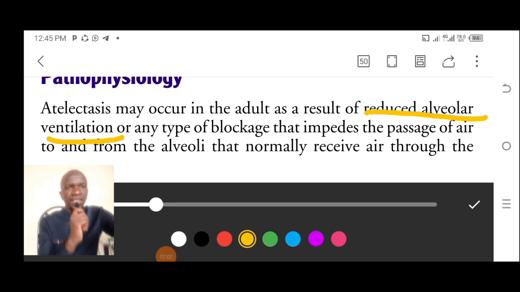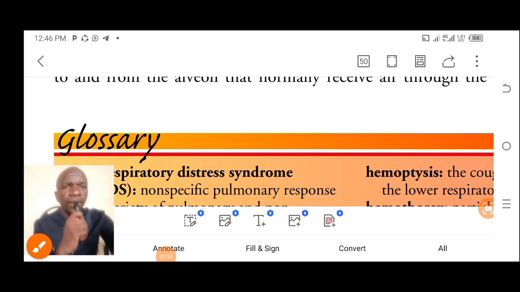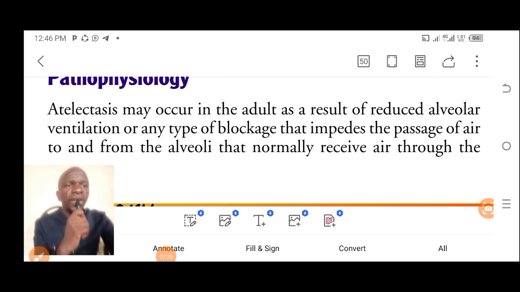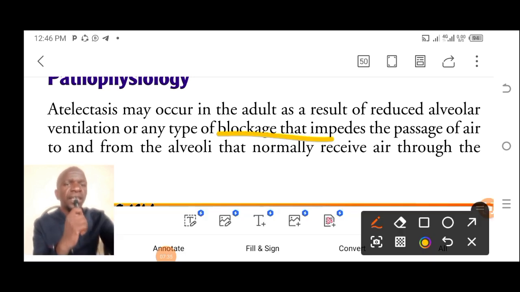Atelectasis may occur in the adult as a result of reduced alveolar ventilation or any type of blockage that impedes the passage of air to and from the alveoli, which normally receive air through the bronchi and the network of airways. So anything that blocks the alveoli is bound to cause atelectasis.